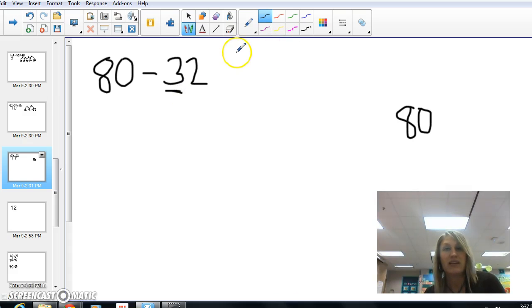It's in the tens place, so we have 3 tens. I'm just going to write that up here. Then we also have 2 ones.